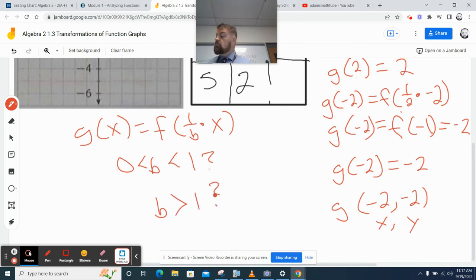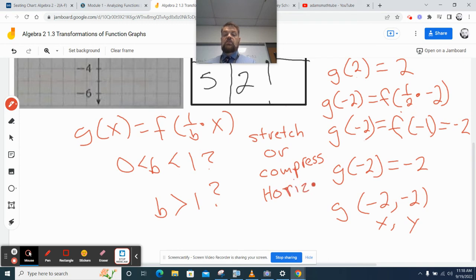Okay. And so if we continue down that path, it just stretches. So we're going to say that it can stretch or compress horizontally.